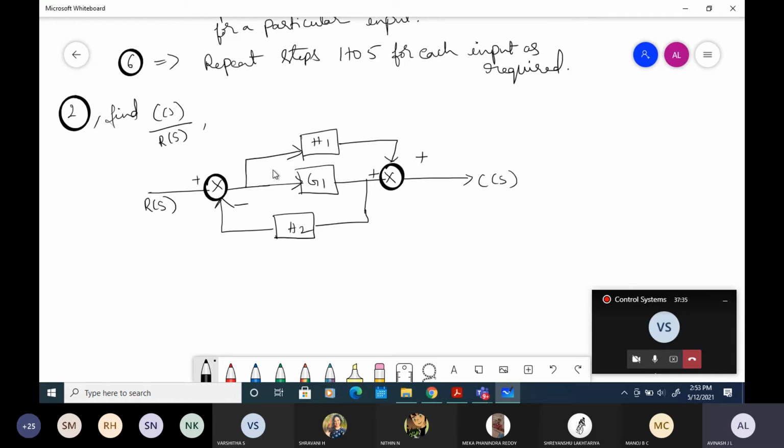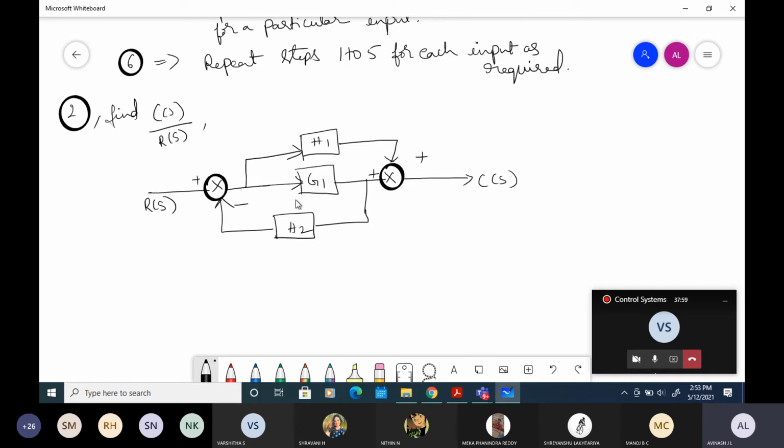When we talk about step number 4, we say shift the summing point to the left and takeoff point to the right. Now here, this particular summing point is already on the left, so there is no use shifting it. Then we have to go for the next thing, that is, shift the takeoff point to the right side.